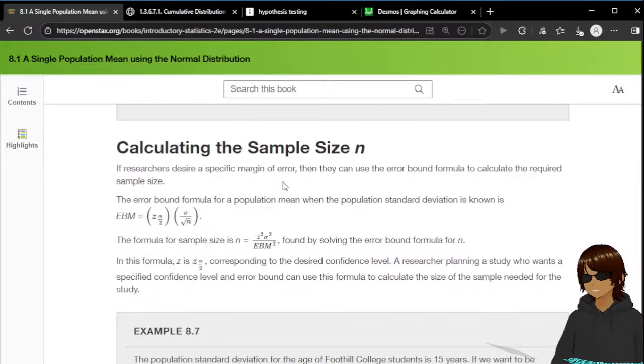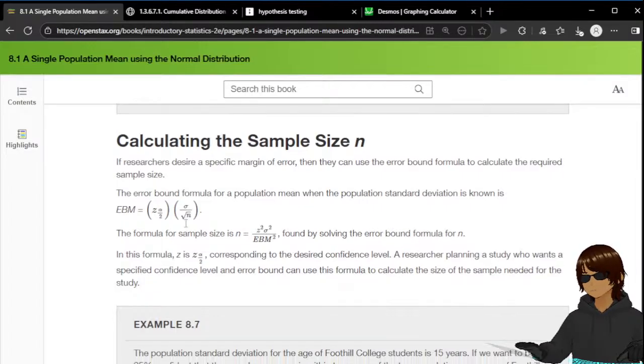The formula for the sample size is n = z squared sigma squared over EBM squared, found by solving the error bound formula for n.